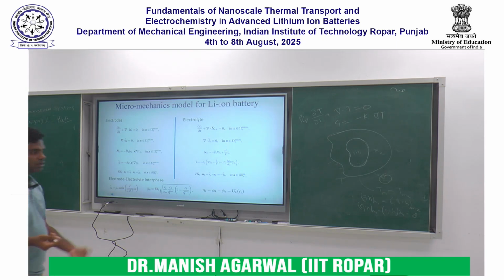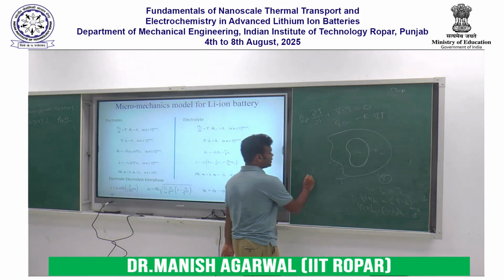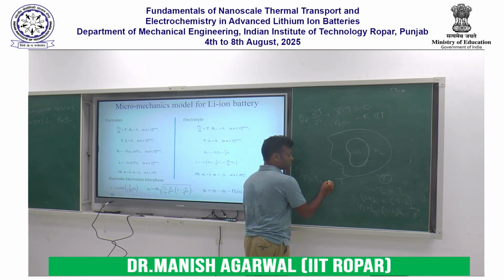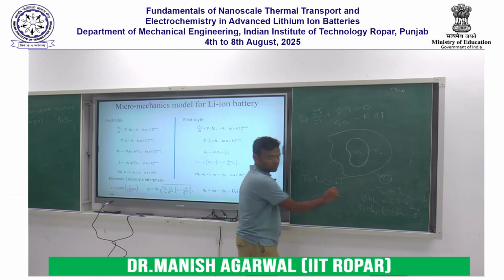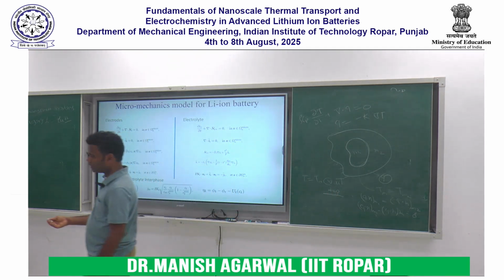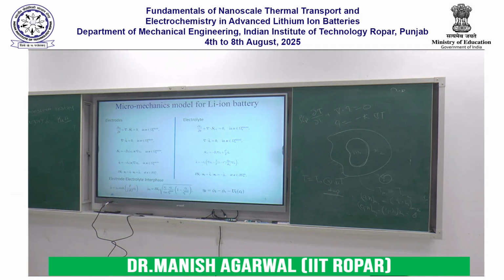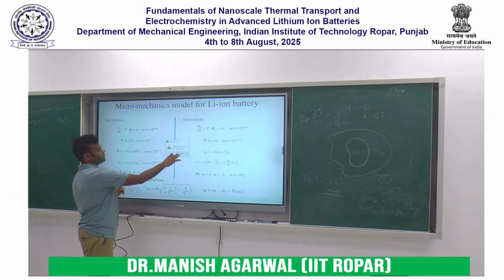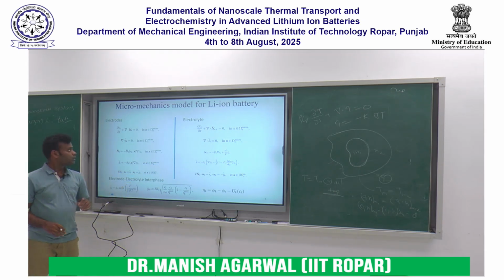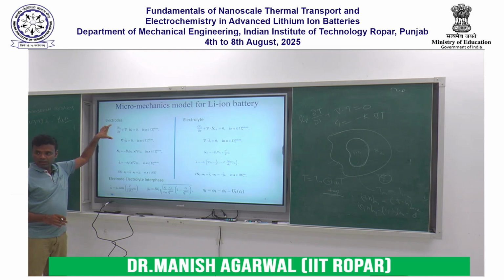So I need the initial condition, that is T equal to T0 at t equal to 0. Even that is required, right? So in any arbitrary problem these things are required: one, initial condition, two, boundary condition, and third, interface condition. Okay, so now let's come to the equation and let's revise what we have done. I told you that there are two domains.